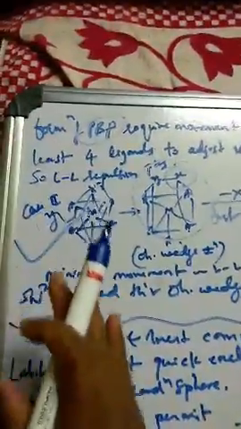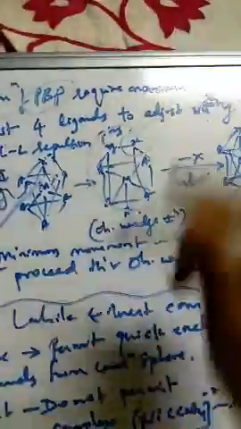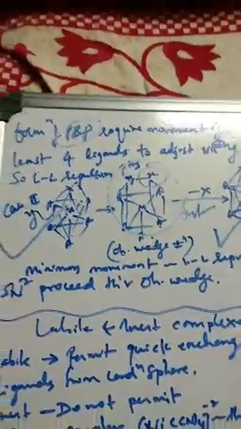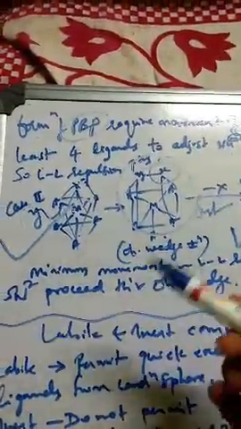So always in SN2 mechanism, octahedral complexes proceed through the octahedral wedge rather than the pentagonal bipyramidal. Here we completed the reaction mechanisms of octahedral complexes, that is SN1 and SN2.